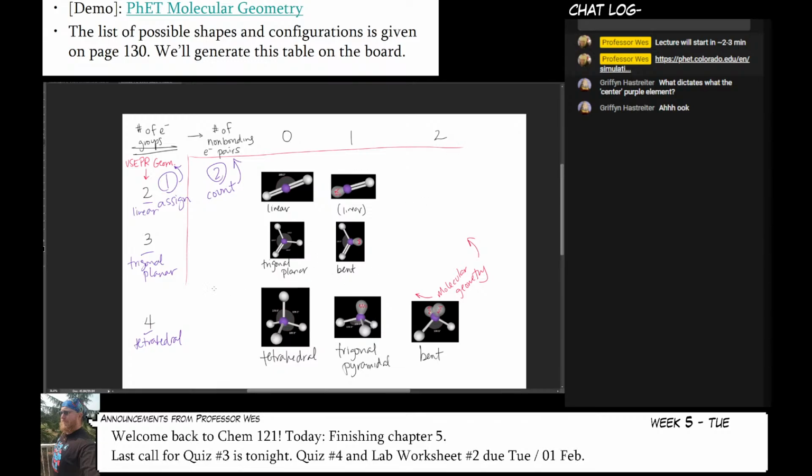So for instance, if I had something that had 3 electron groups, and one of those was an electron pair, so something that looked like this, its structure would be bent.